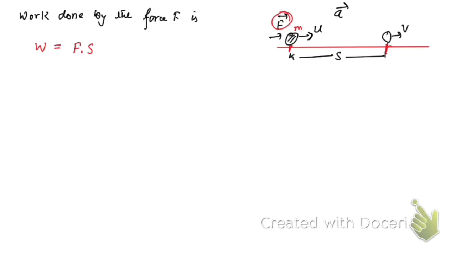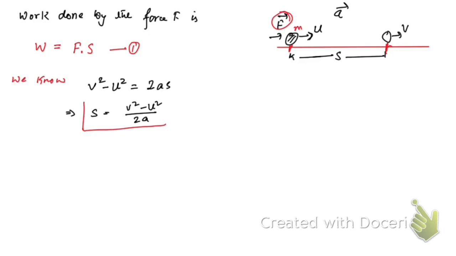This is equation number 1. From equations of motion we know that v square minus u square is equal to 2as. From here we can find s, which is equal to v square minus u square by twice a. This is equation number 2.